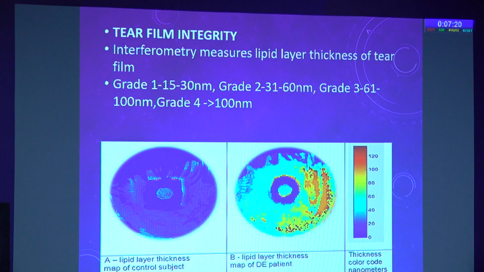How do we measure the tear integrity? It can be measured by interferometry, that is the lipid layer analysis, which gives color-coded interferences. According to that, we see the tears uniformly blue in color, with a thin nanometer thickness in a normal eye. As the dry eye worsens and the lipid layer thickness increases, the intensity of the color and the nanometer thickness increases from grade 1 to grade 4.